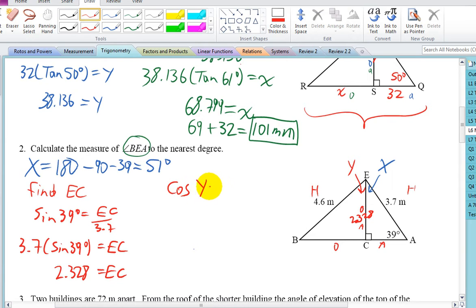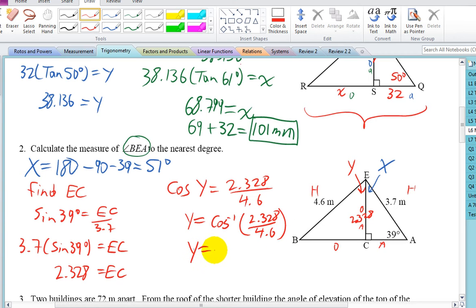You can call it Y. Now, if you have a new school calculator, you can go 2.328 divided by 4.6 equals, and then go cos inverse and press your answer button, and then equals.